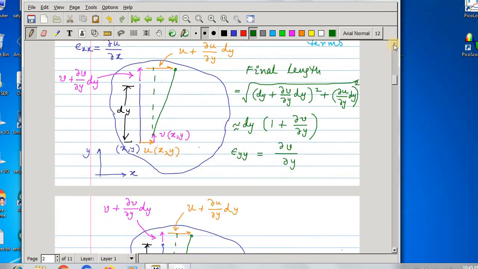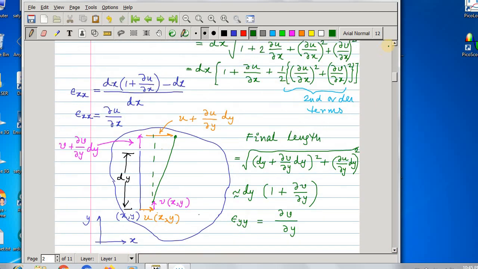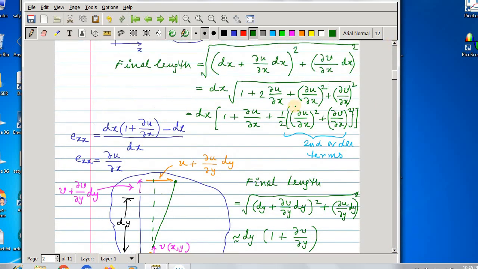So this becomes something like this. These are higher order terms, because they are squares of del u del x and del v del x, so they are small compared to this.